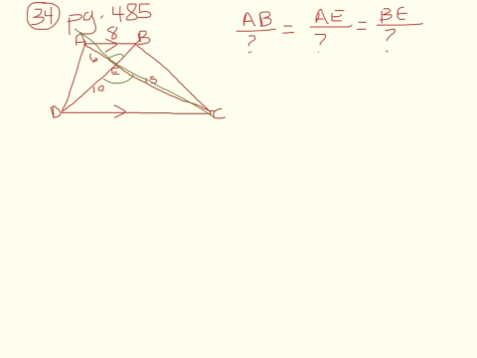angle BAE, this little angle right here, is going to be congruent to angle BDC. No, let me say that again. Angle BAE is going to be congruent to angle ECD, so this angle over here, because those are alternate interior angles for these two parallel lines that are running right here, and they're cut by this transversal.